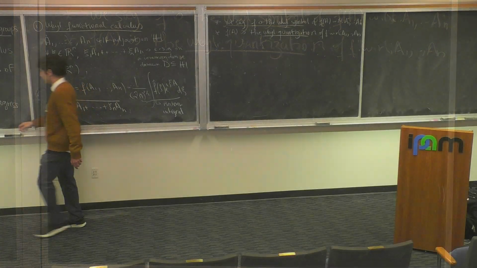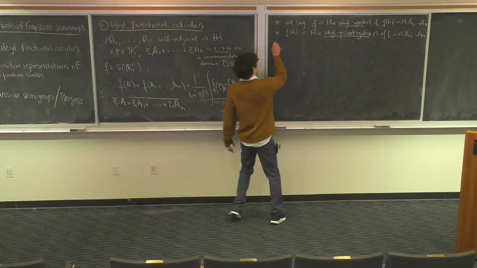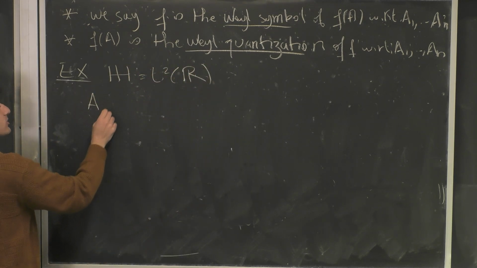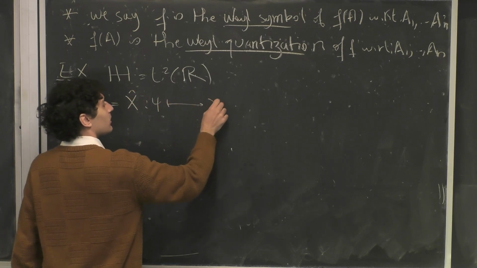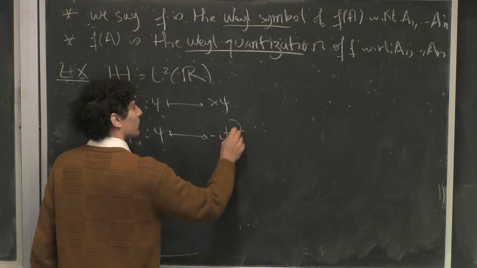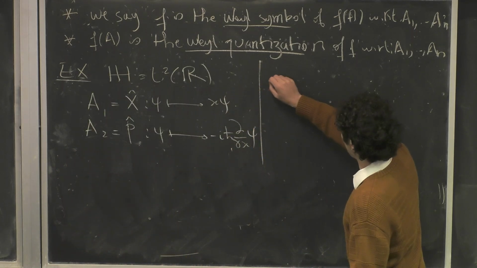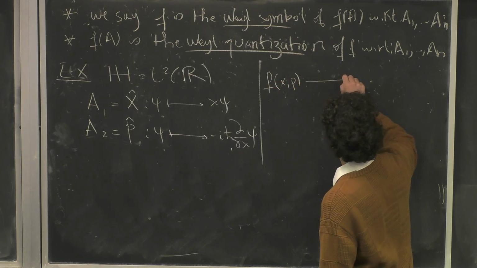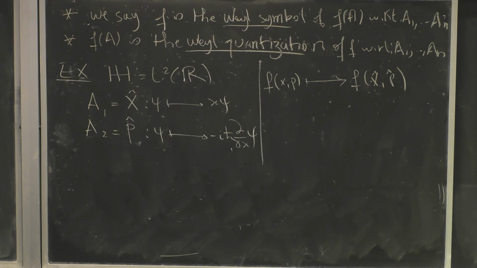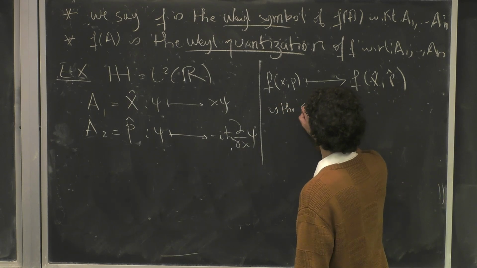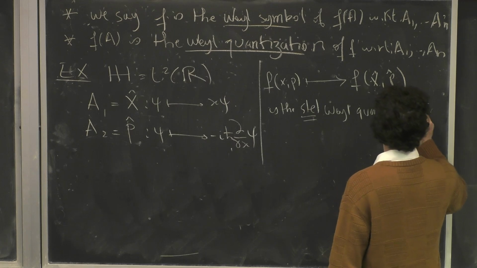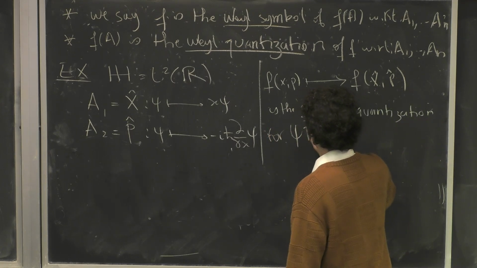And an example of this, sort of the prototypical example, is, if we take our Hilbert space to be L2, and you choose your first operator to be the position operator, and your second operator to be your momentum operator, then this map, which takes you from f of x, p to f of big X, big P, is none other than the standard Weyl quantization for pseudo-differential operators.